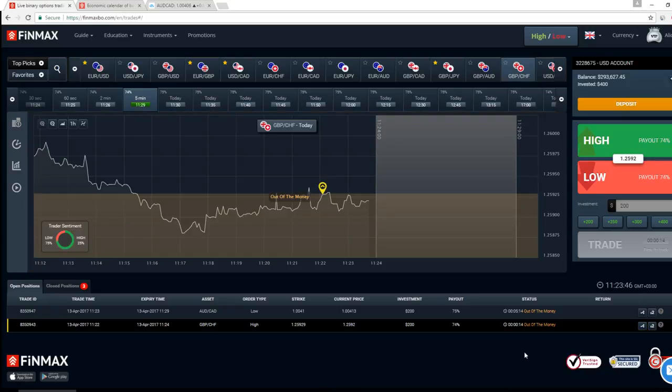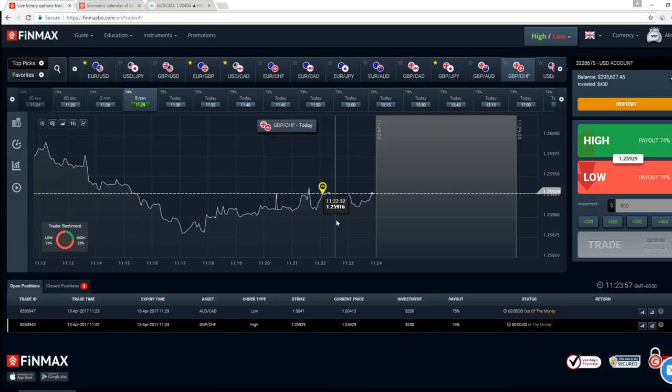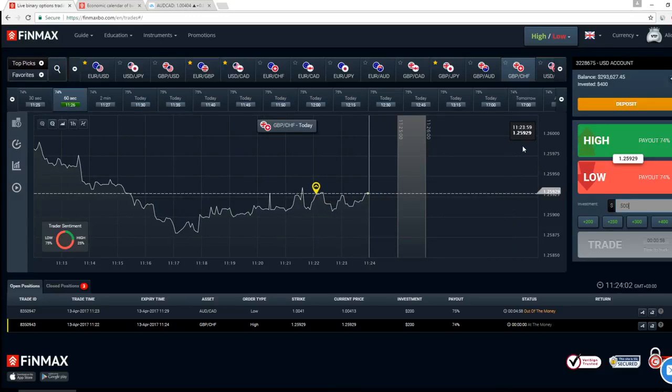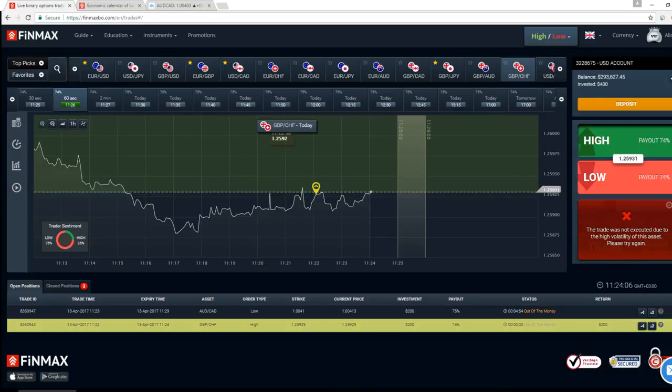And I will have to enter for the next circle on British pound. Well, though the difference in prices is pretty small, so there is a chance that it will close in the money. So not that, at the money. Out of the money. Okay, let's enter. Why not?